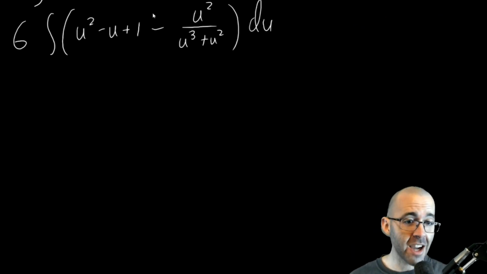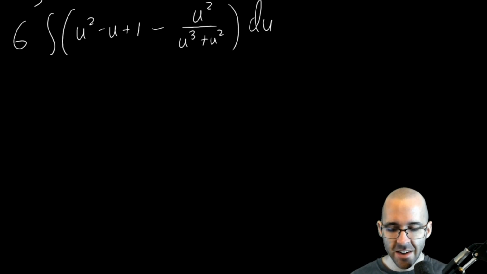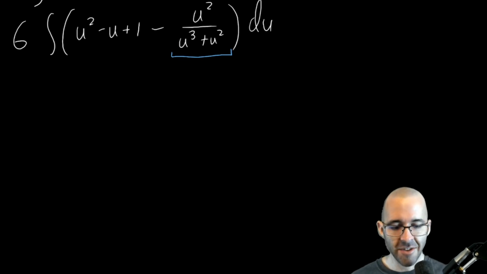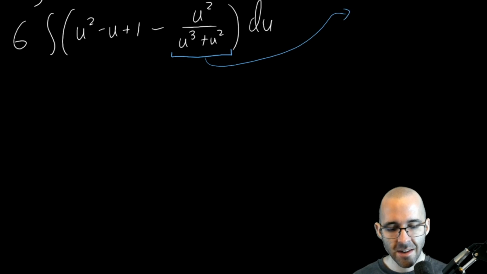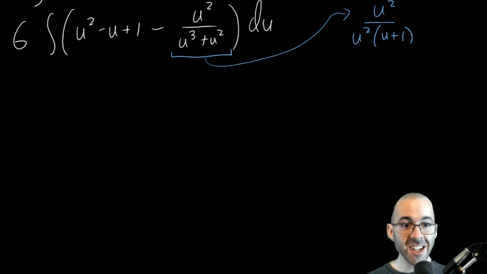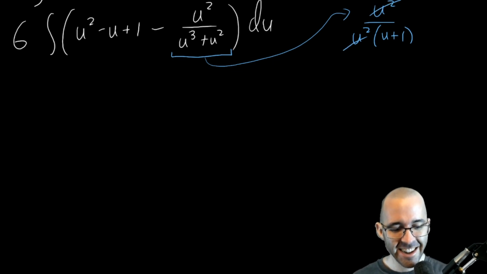We could use partial fractions, but let's work with this blue stuff and leave the other stuff alone. Look at this blue stuff. If we factor the bottom, it's u squared times u plus 1. Oh, look at that. That's 1 over u plus 1.